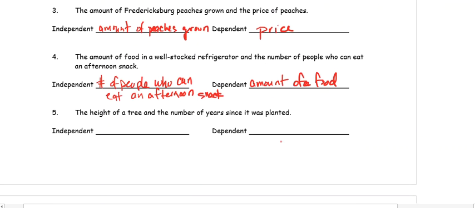The height of a tree and the number of years since it was planted. This is probably one of the easiest ones that we've had. Number of years the tree has been planted.